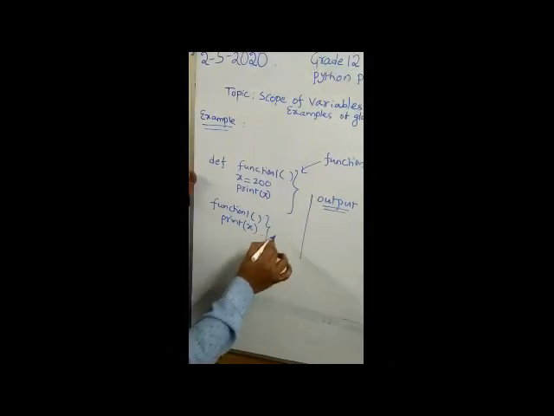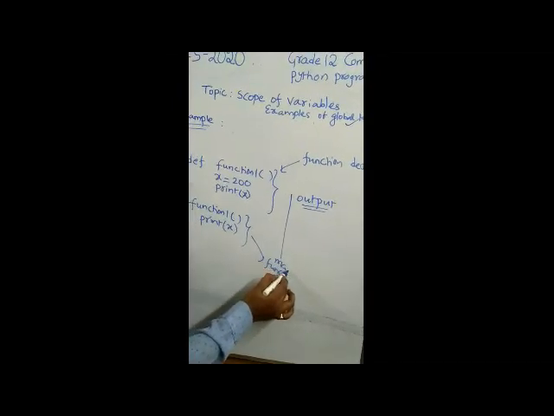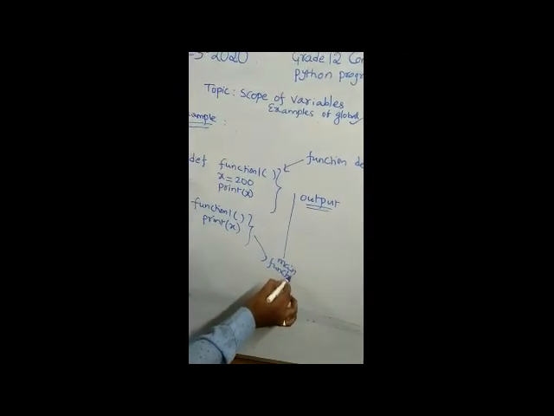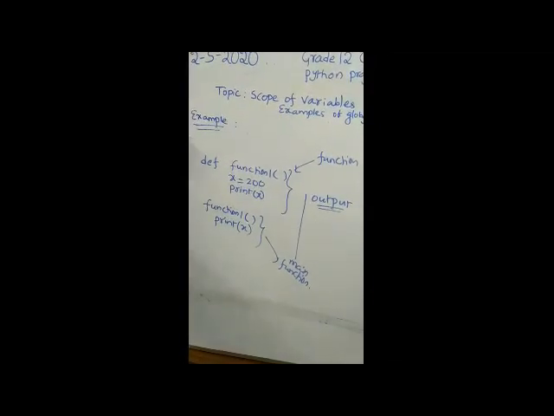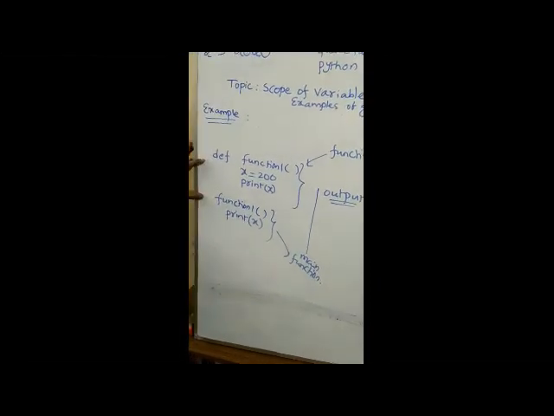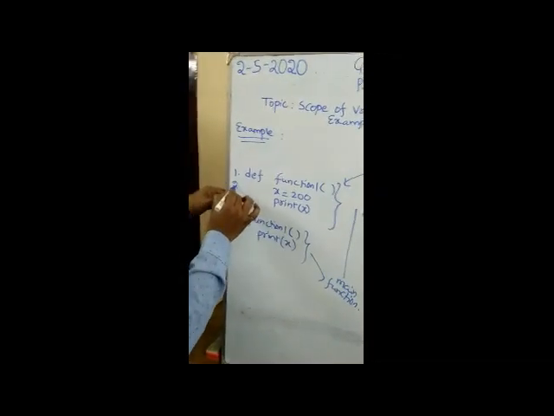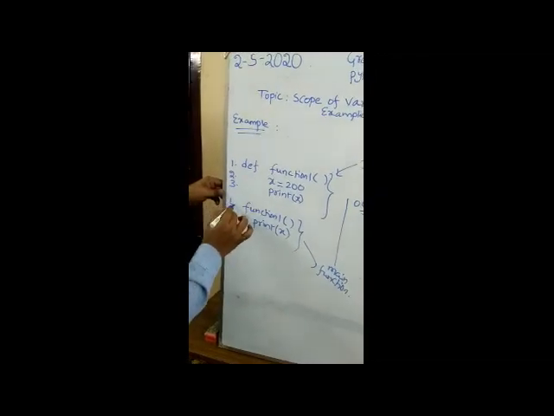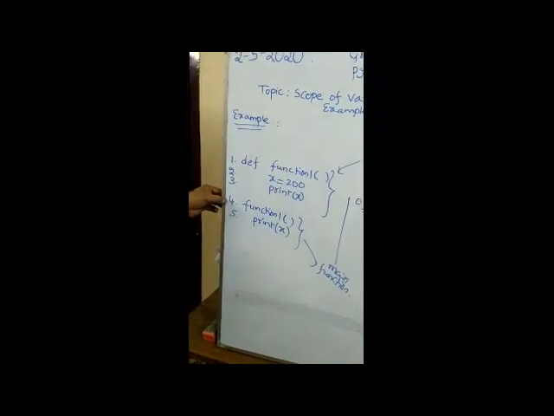This one is the main function. When we execute this program, execution always starts with the main function. So this is line 1, line 2, line 3, line 4, line 5 here, and execution starts with line 4.